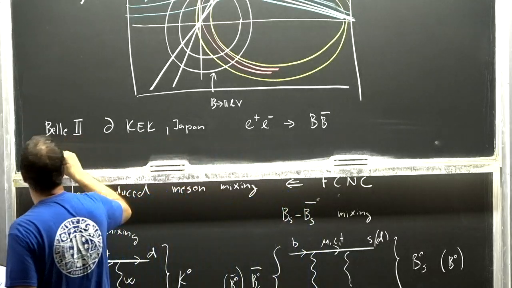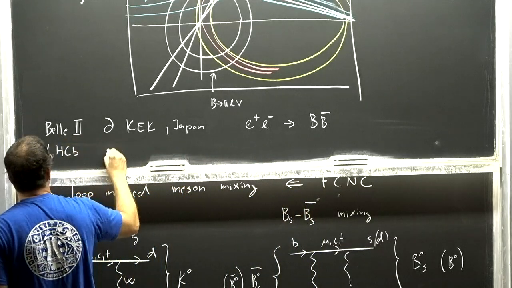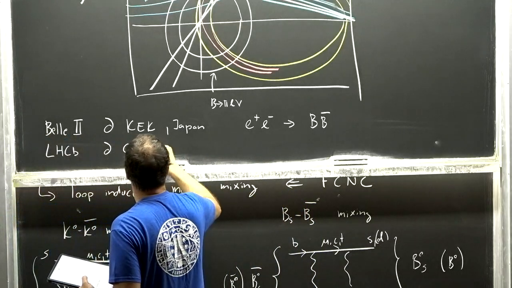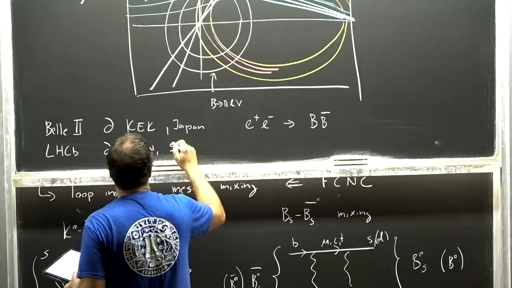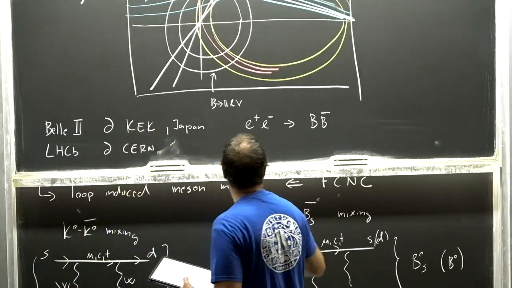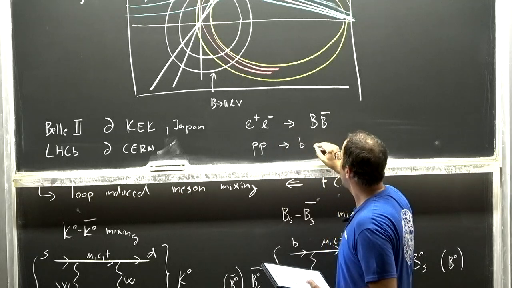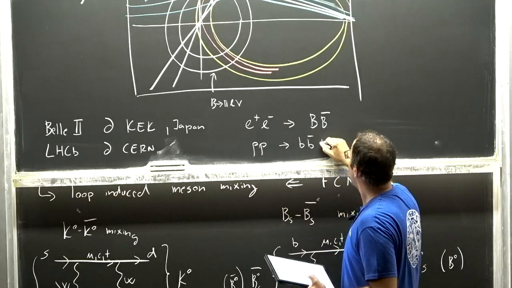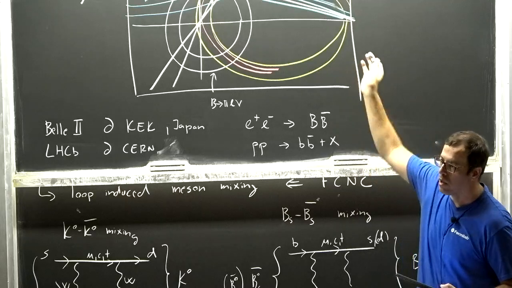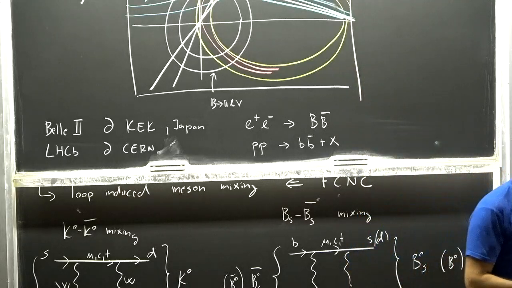And then LHCb, which is at CERN. And then you have pp collisions. You also produce B quarks plus stuff. They hadronize, and then you can figure out what's going on.